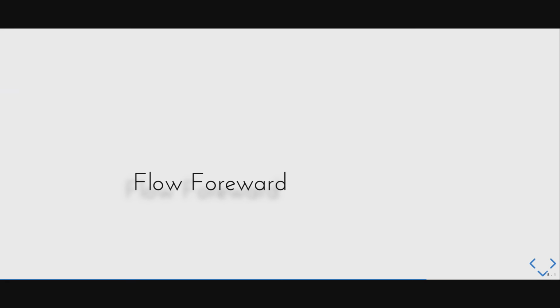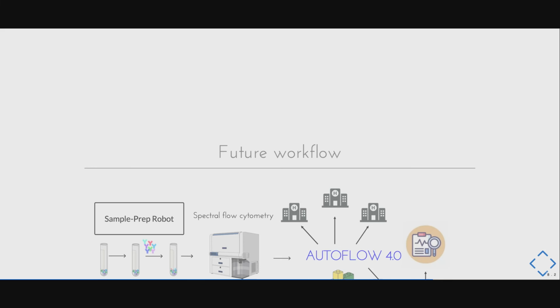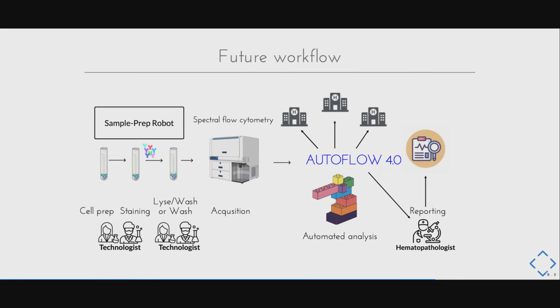The next will be the future workflow. As mentioned earlier, we are trying to update our current 14-color panels to a 32-color panel based on the BD Symphony A5SE cytometer, which is this guy here. We are also experimenting with different options of sample prep robots, to try to automate all the pipetting and cocktailing, which is the wet lab part.